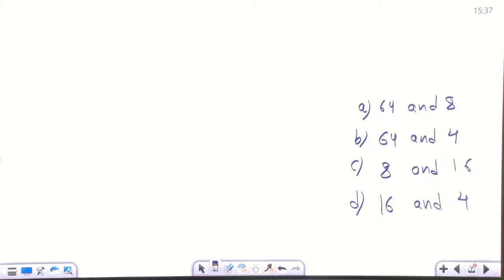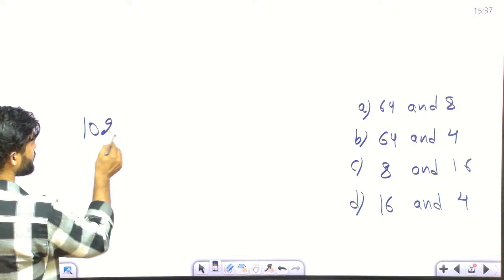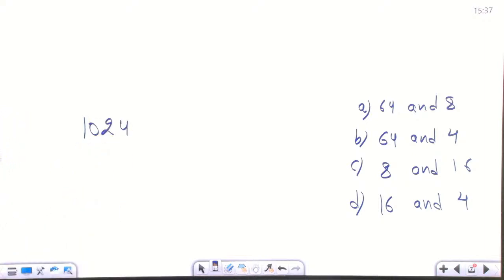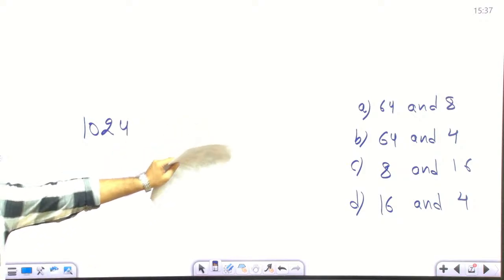Wait for a second. Find the two numbers such that their mean proportion is 16 and third proportion is 1024. 1024, like this. Okay, and you have the options now.